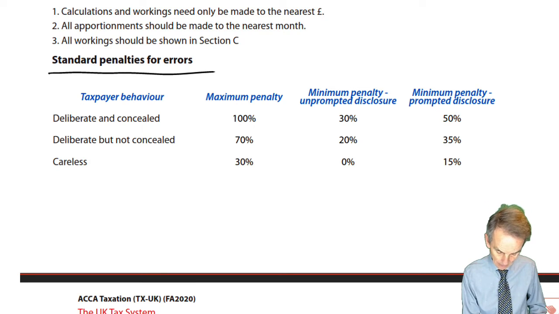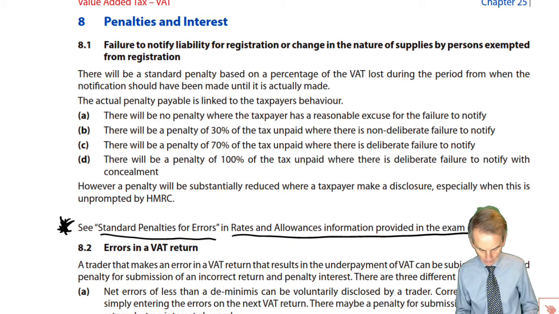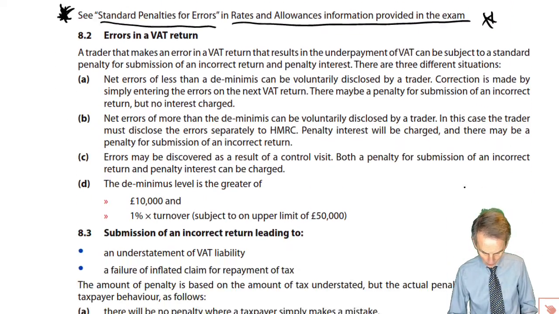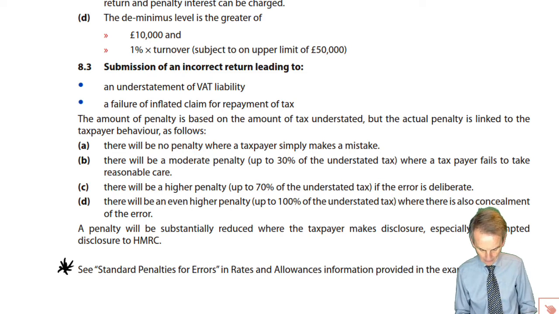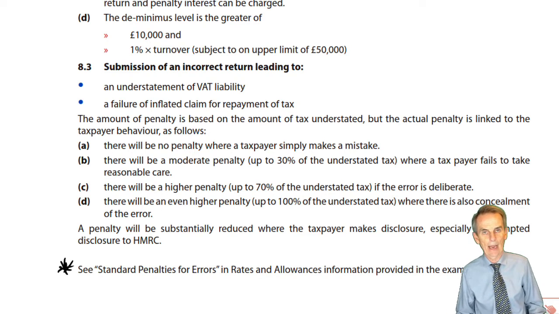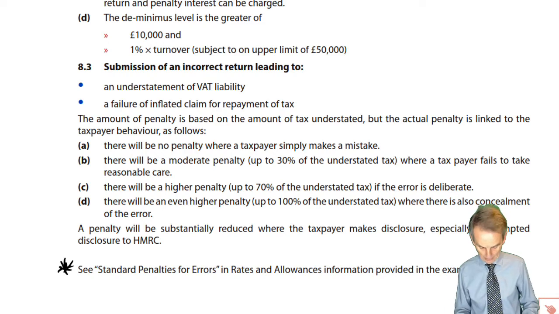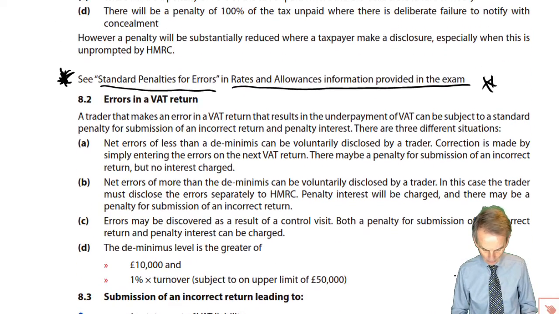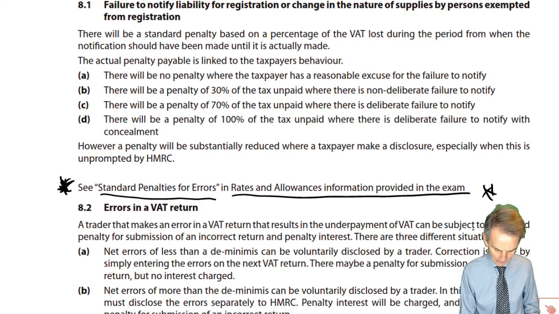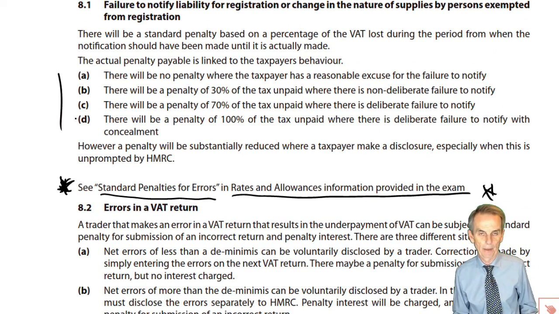Now, the reason why I tell you that is because, when we return back to the notes, apart from this issue here, you now have that information repeated down here in terms of you are now given the standard penalties for errors information on your rates and allowances page, so that information that previously would have had to have been learned, it now won't have to be learned because it's given to you.